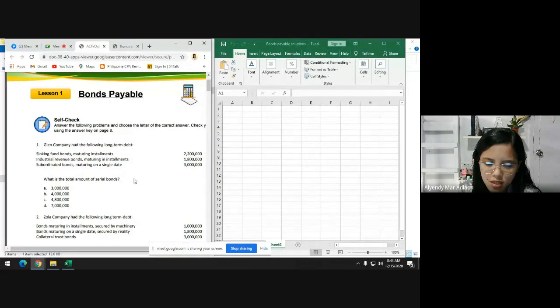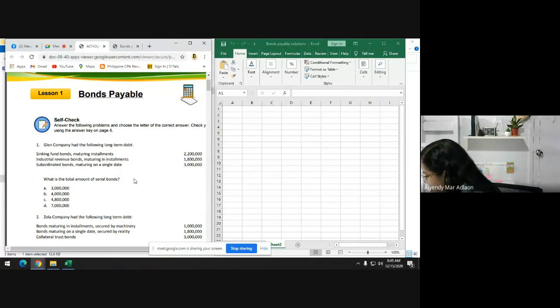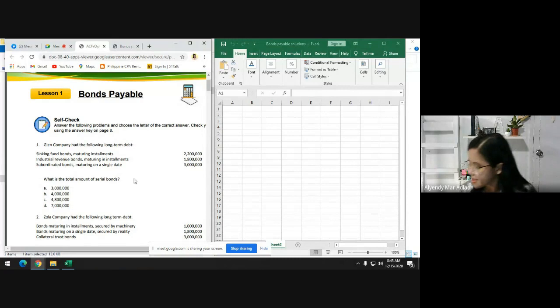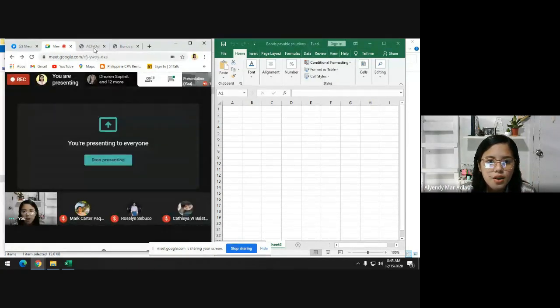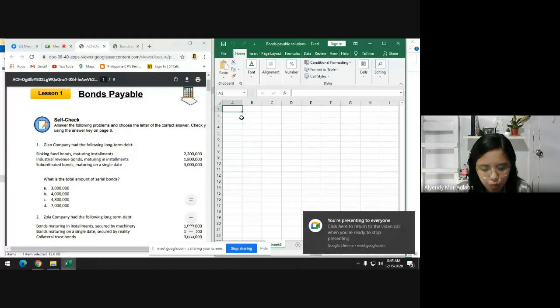Let me open my book, page 182. We have the term and serial bonds, secured and unsecured bonds, registered and bearer bonds. So let's start with number 1.